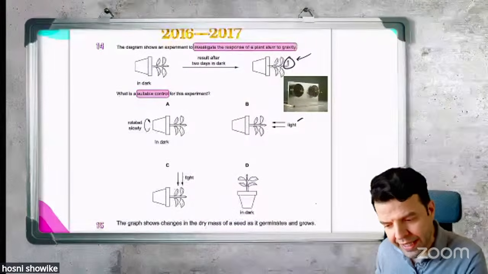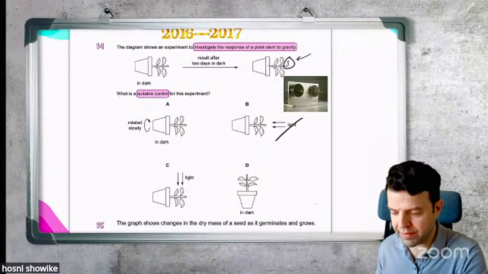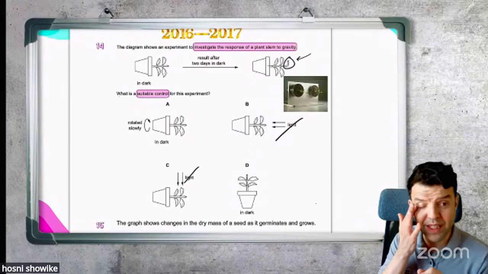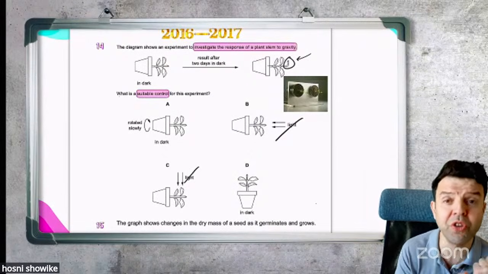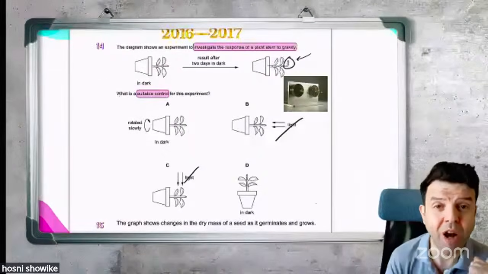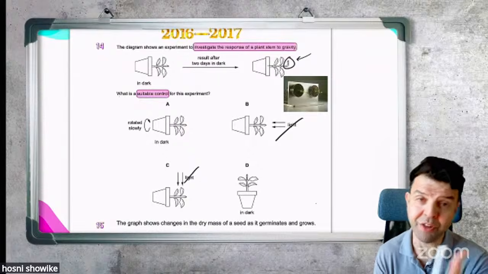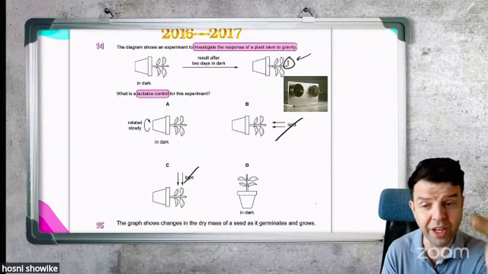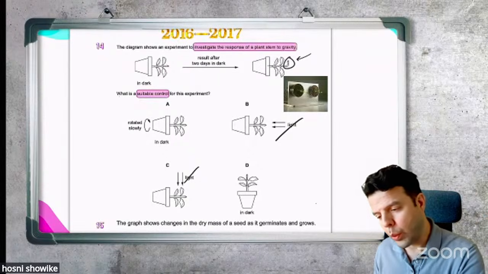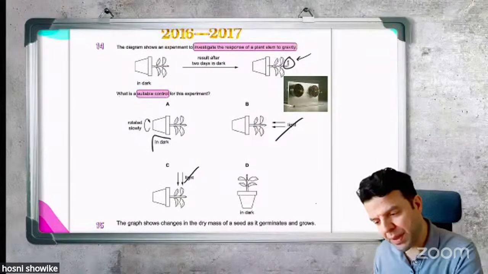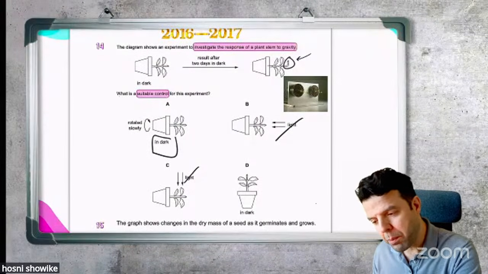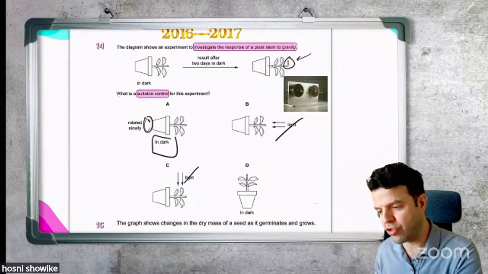Straight away, get rid of anything that has the word light. Why? Because if there is light, then I'm no longer studying gravity. Once again, in an experiment, when I'm studying gravity, I turn off the lights, and vice versa. So in my case here, it must be dark and it must be rotating. Why should it be rotating?